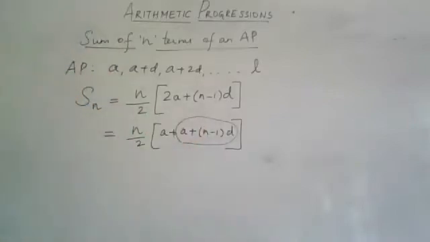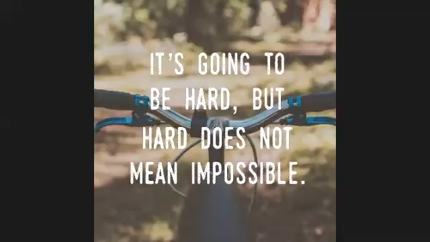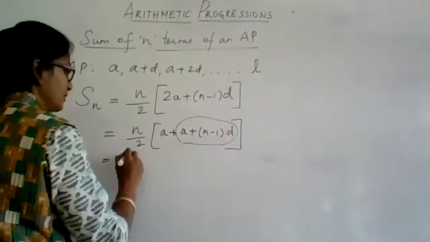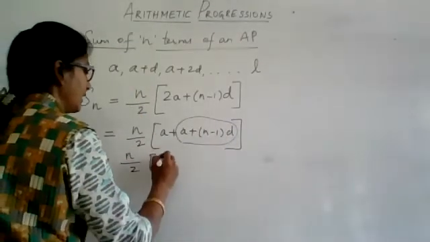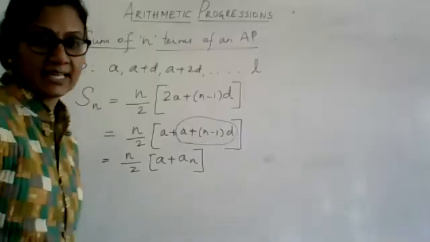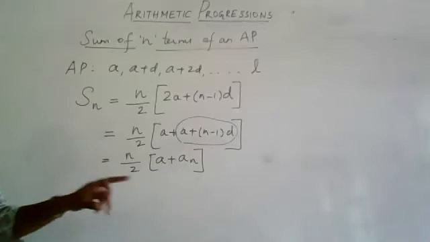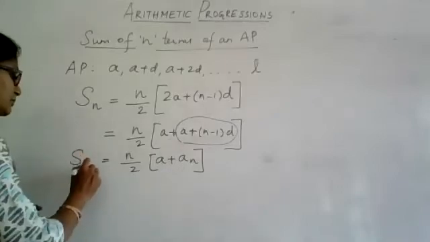Is it taking you to any of the formulas that you already know? a plus (n minus 1) times d can be seen as an, the nth term. I am substituting a plus (n minus 1) times d with an. In the place of this, I am adding this. So this is one way of seeing the sum of n terms of an AP.